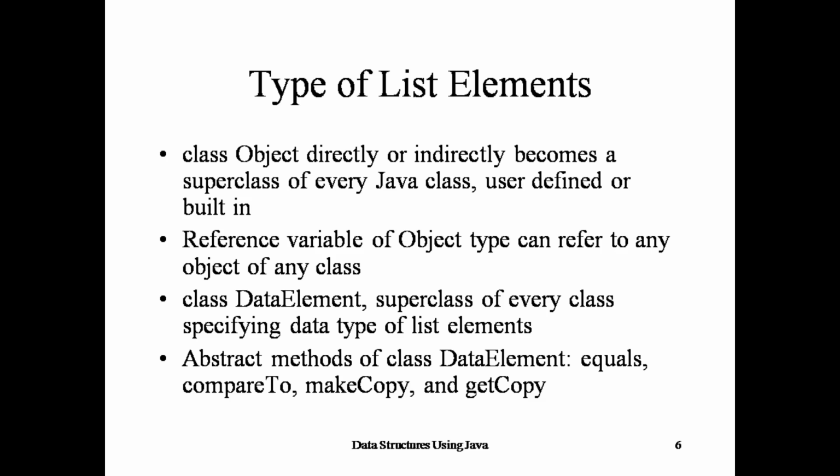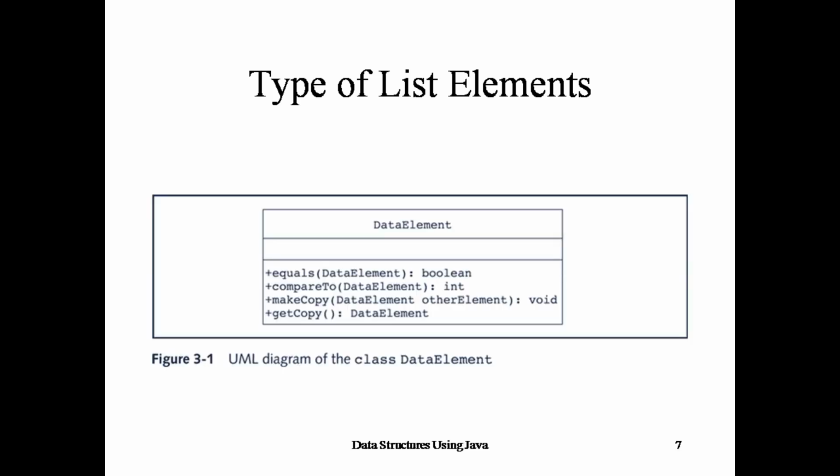A copy of this object is created and the reference of this copy is returned. Figure 2-1 shows the UML diagram of the class DataElement. Notice that there are four methods as described in our DataElement abstract class. We have first equals, second compareTo, third makeCopy, and fourth getCopy.